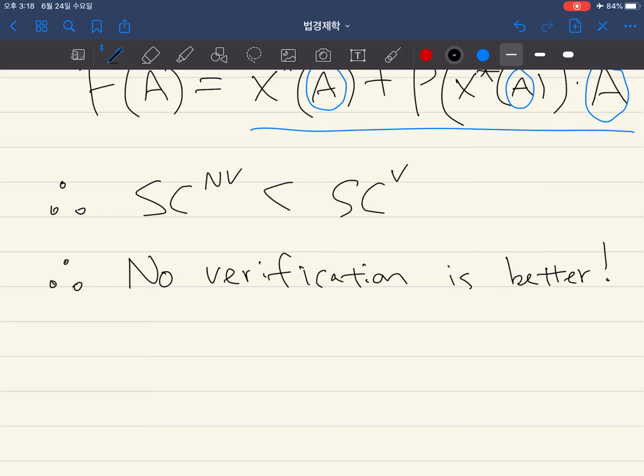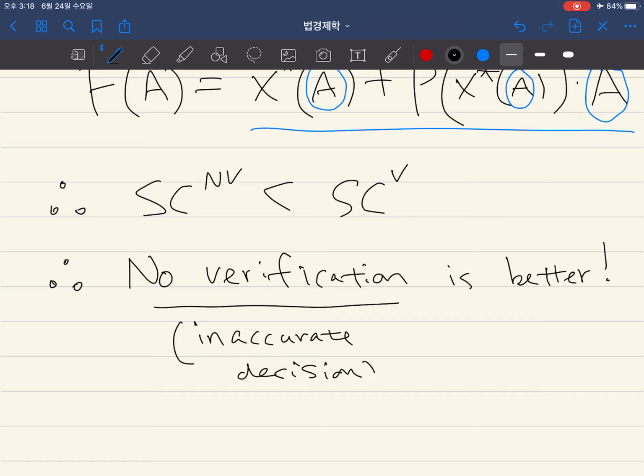So in other words, no verification means inaccurate decisions. So maybe the courts are making inaccurate decisions. Here, an inaccurate decision means actual harm is small, but still the court orders the defendant to pay the average harm.